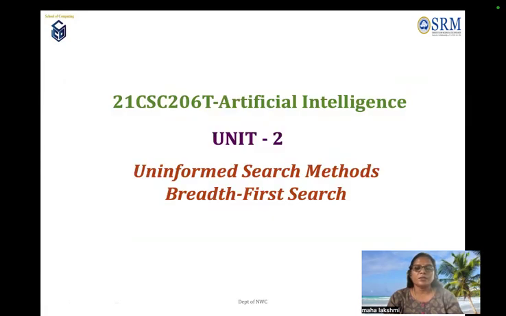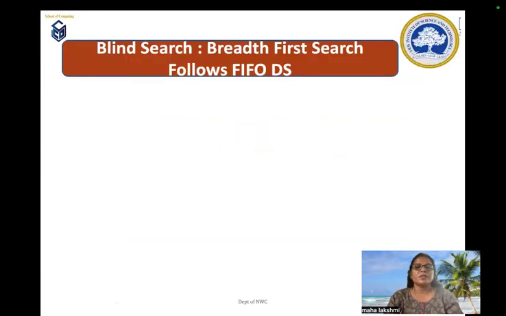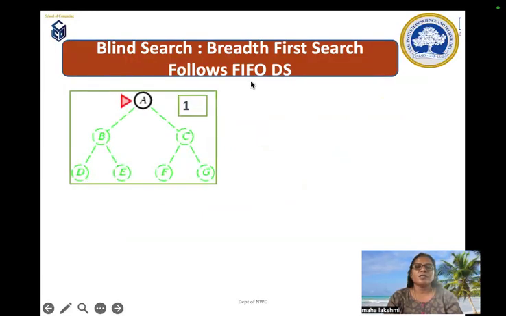About uninformed search methods, the first popular uninformed search method is breadth first search, which follows a FIFO data structure. Depth first search followed a LIFO data structure.